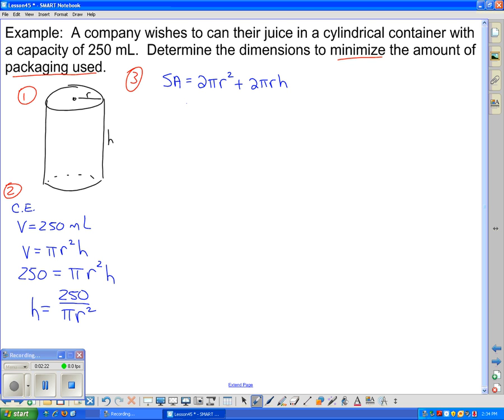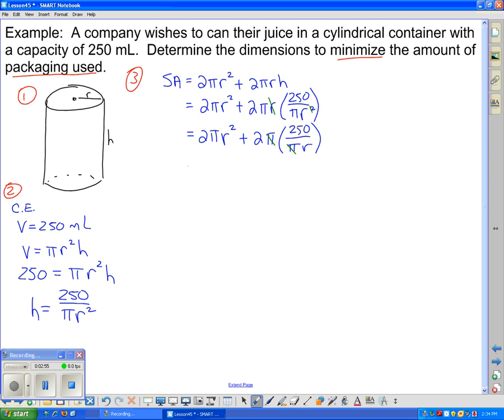So that means my surface area formula becomes 2 pi r squared plus 2 pi r brackets 250 over pi r squared. Doing some simplification, the r in the numerator will cancel. So we end up with 2 pi r squared plus 2 pi 250 over pi r, and I guess I missed that in the previous one, but also the pi's will cancel.